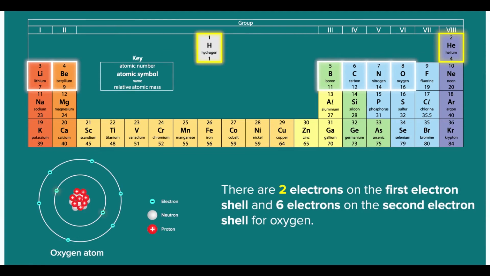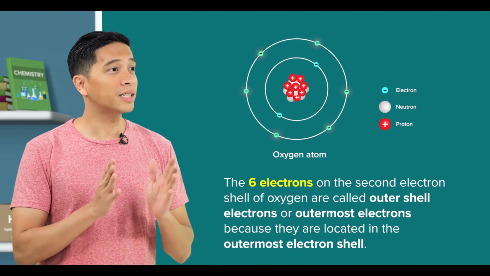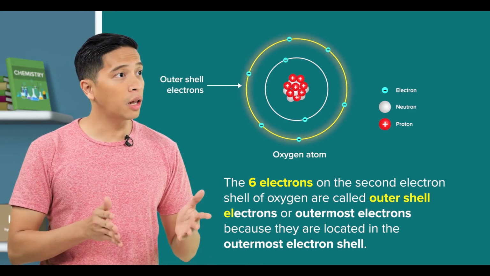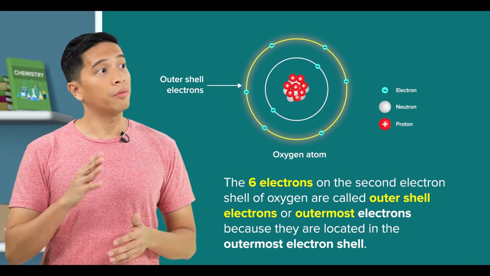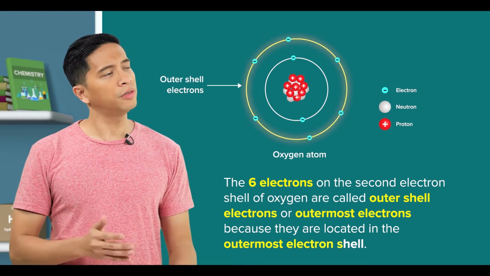That means there are 2 electrons on the first electron shell and 6 electrons on the second electron shell for oxygen. Very good. And those 6 electrons on the second electron shell of oxygen are called outer shell electrons, or outer electrons, because they are located in the outermost electron shell.